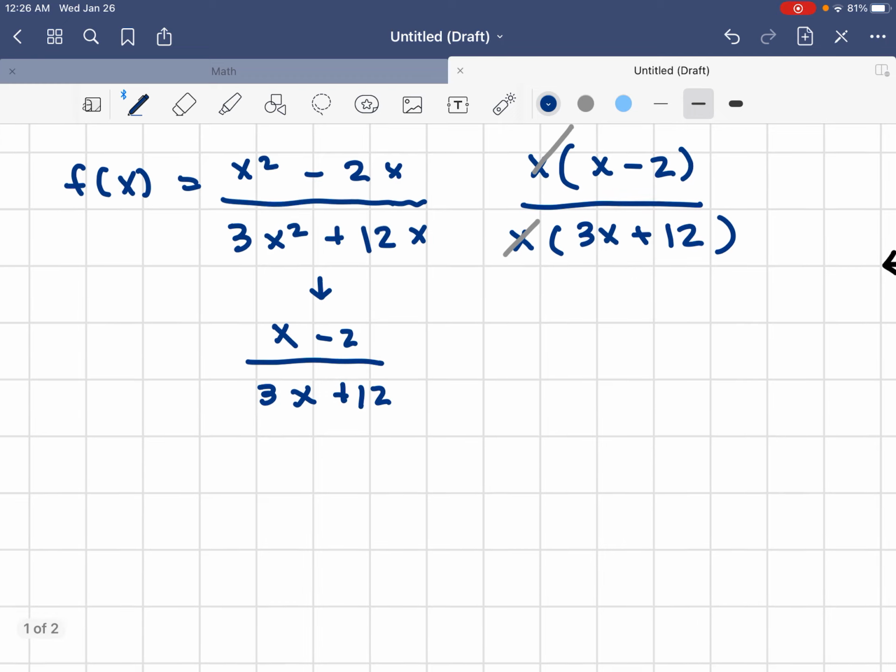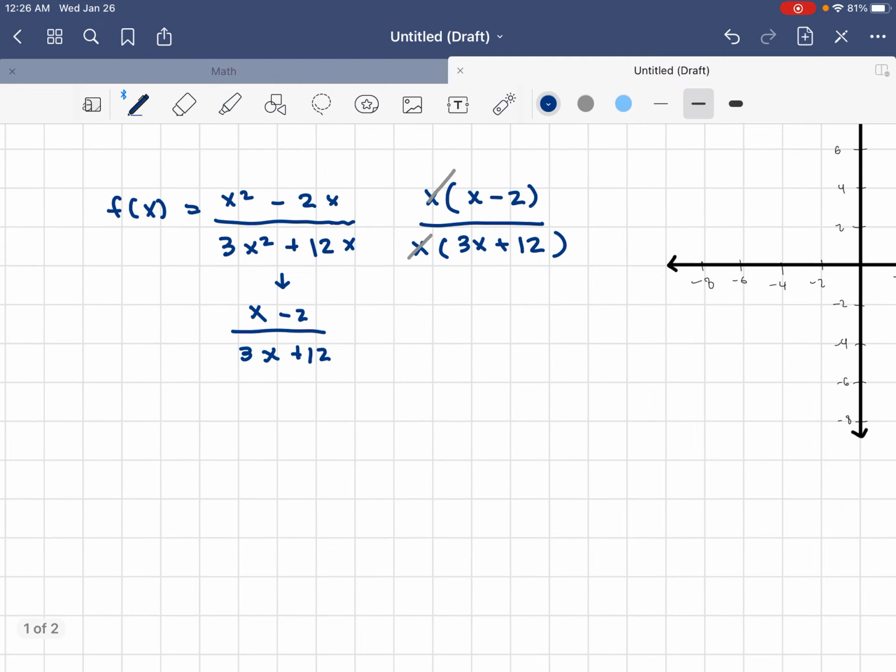Okay, so since we cancel out our x, that means that there's going to be a hole in our graph. So when we have a common factor between our numerator and denominator, there's going to be a hole. And we're going to call this hole our excluded values.